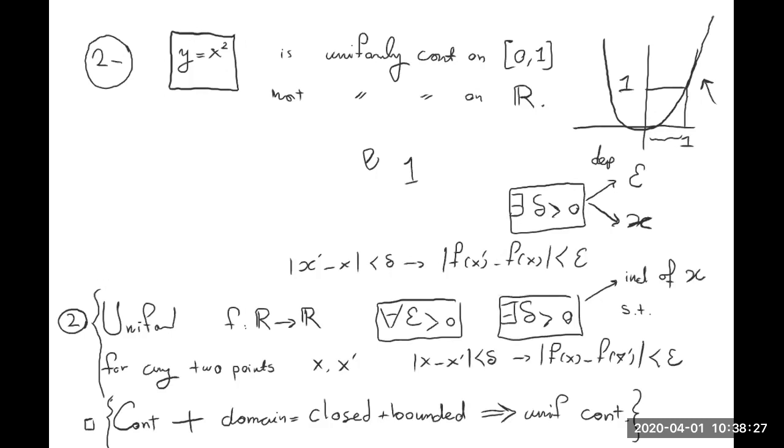So yeah, maybe I can summarize everything I said. Let me erase everything actually. So we have a concept of continuous function, continuity, and we have a concept of being uniformly continuous.